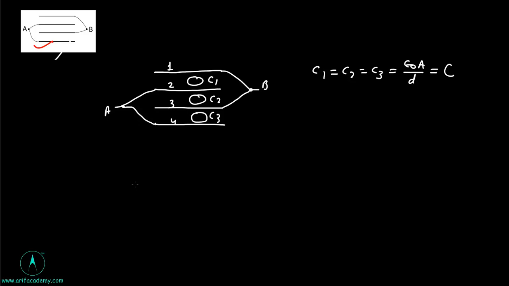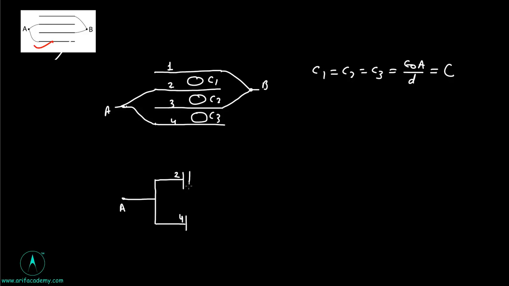So I am going to redraw this circuit. This is point A, and it's connected to plates 2 and 4. Now plate number 2 makes a capacitor with plate 3 as well as 1.